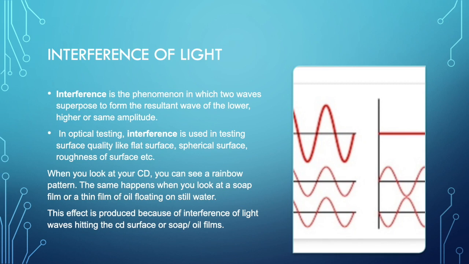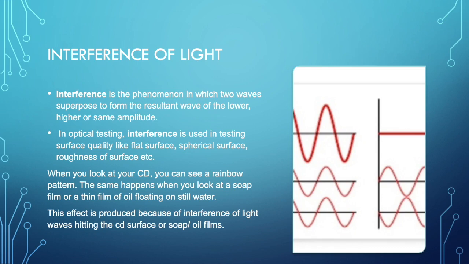The same happens when you look at a soap film or a thin film of oil floating on still water. This effect is produced because of interference of light waves hitting the CD surface or soap or oil films.